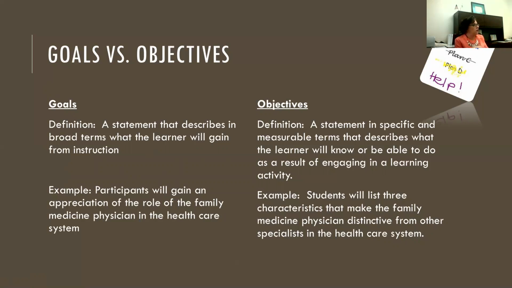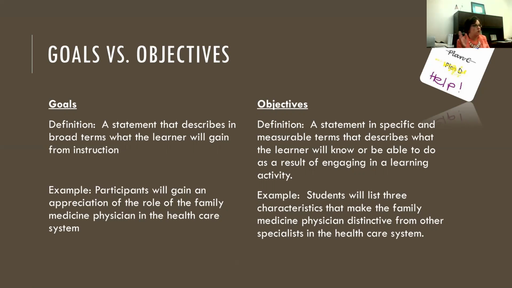So here, it describes in broad terms what the learner's going to gain. The example: participants will gain an appreciation for the role of the family medicine physician in the healthcare system. Now, most everybody's going to agree that that is a great goal. And so the learning objective is that statement that's specific and measurable.